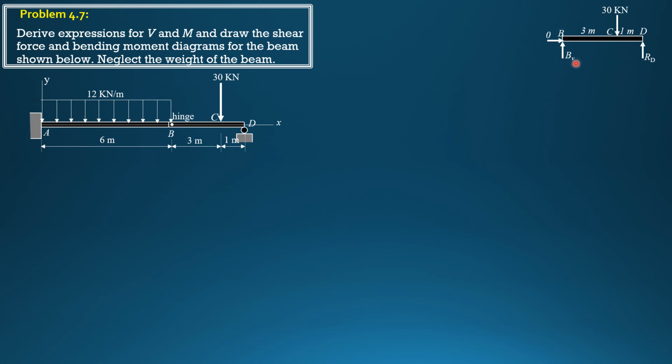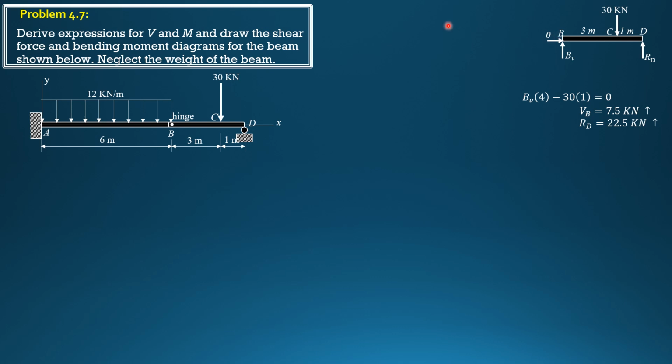Vb times 4 minus 30 times 1 equals 0. So Vb equals 7.5, 30 over 4. Likewise, RD, if this is 7.5, so RD is 30 minus 7.5, so 22.5. There's no need to show it. It's obvious in the figure.